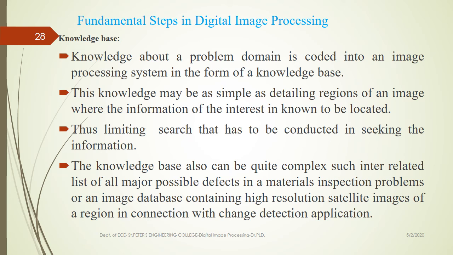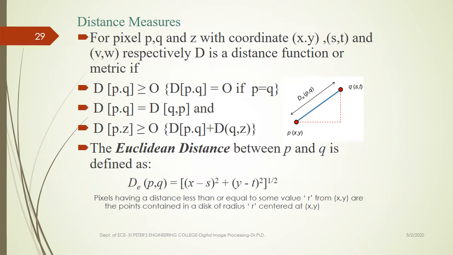The knowledge base can also be quite complex, such as an interrelated list of all major possible defects in a materials inspection problem, or an image database containing high resolution satellite images of a region in connection with change detection applications.